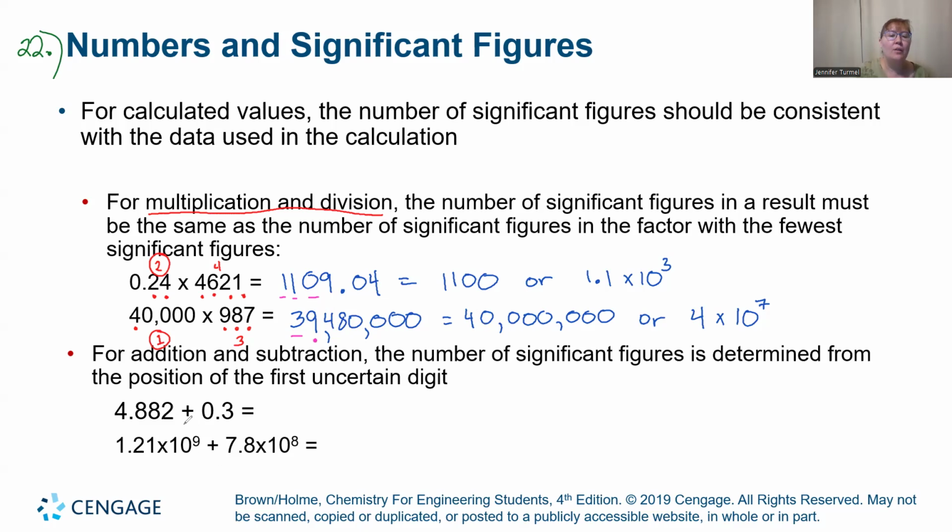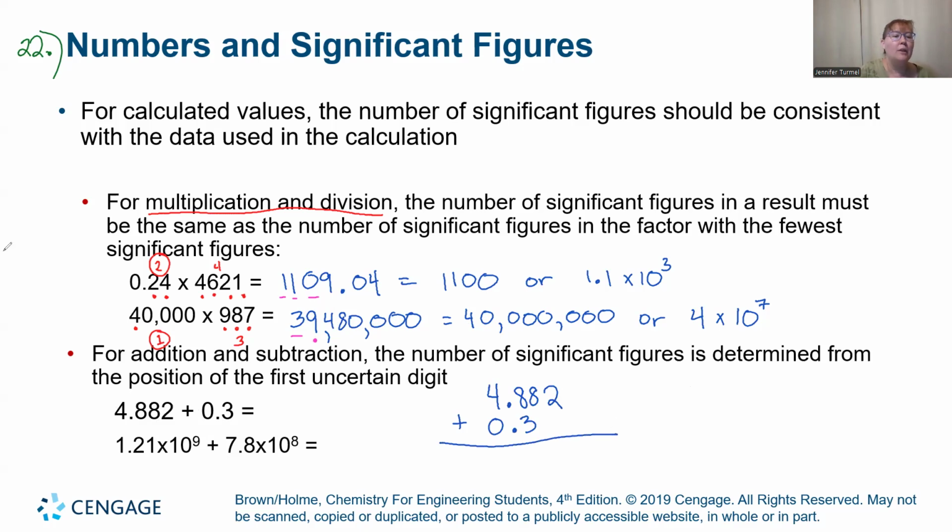Now, it's a bit different when we are adding and subtracting, because this is determined by the position of the first uncertain digit. So what we mean is, if we take a look here, we have to line them up. 4.882 plus 0.3.